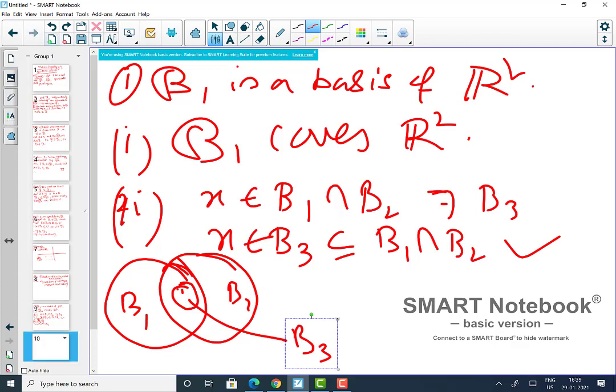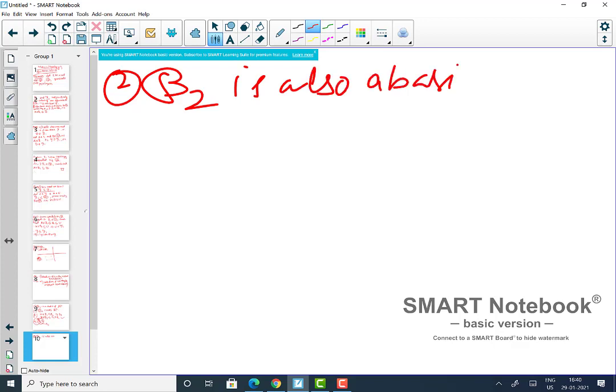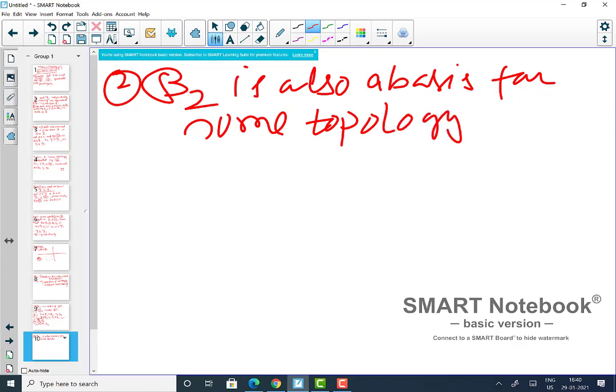Similarly, you can check that script B2 is also a basis for some topology on R2.